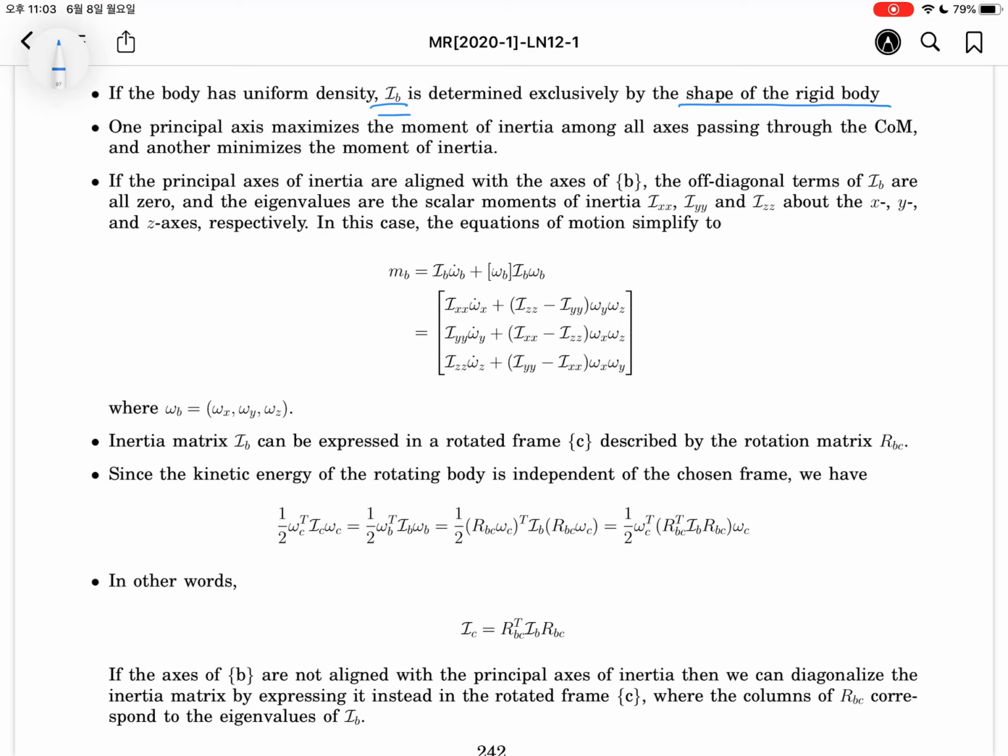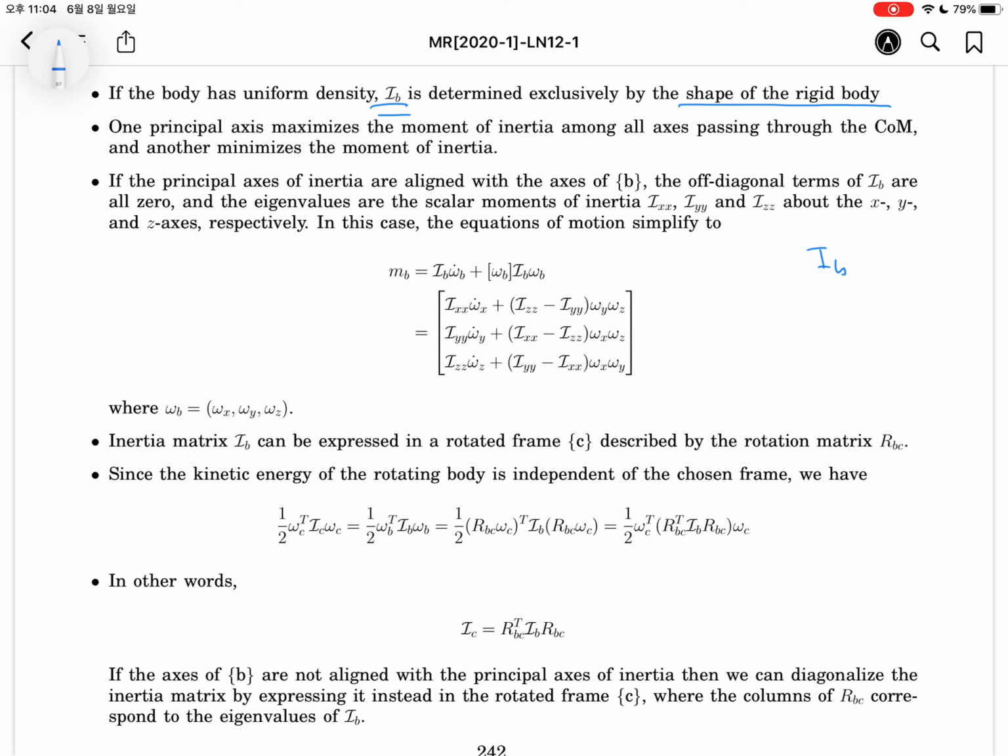The IB matrix will be 3 by 3. Moreover, it has a symmetric form. So if you take the eigenvalue decomposition, all the time, we can make this matrix into the diagonal form. Is it right? If you know the eigenvector, then any matrix can be diagonalized.